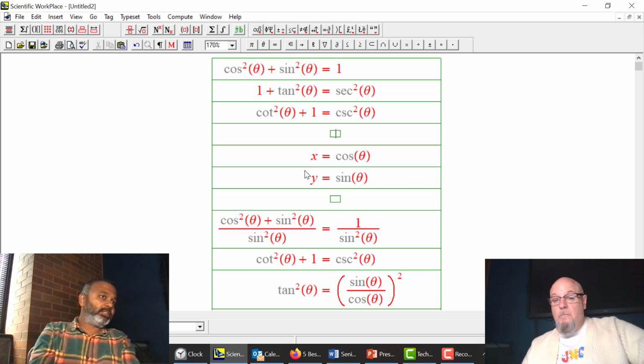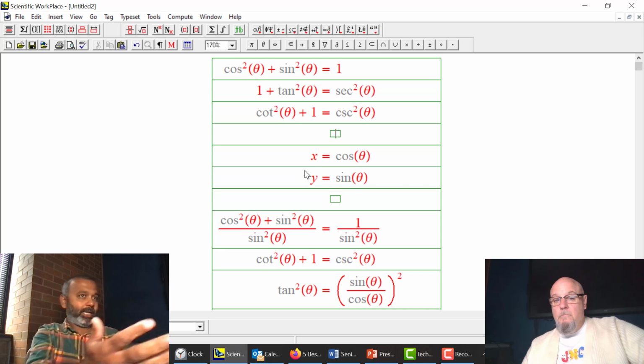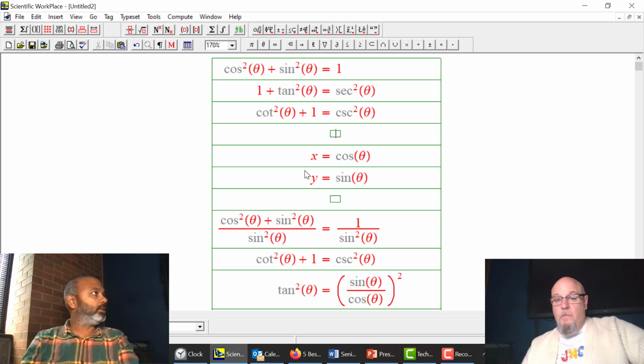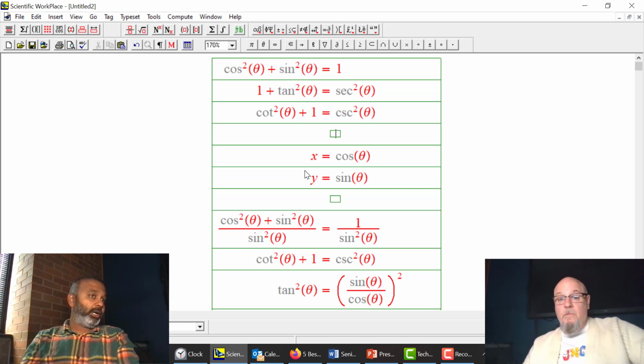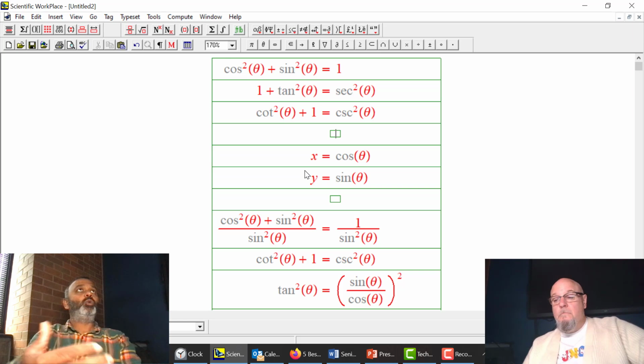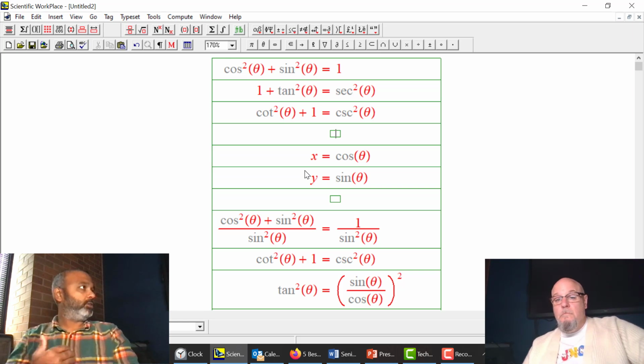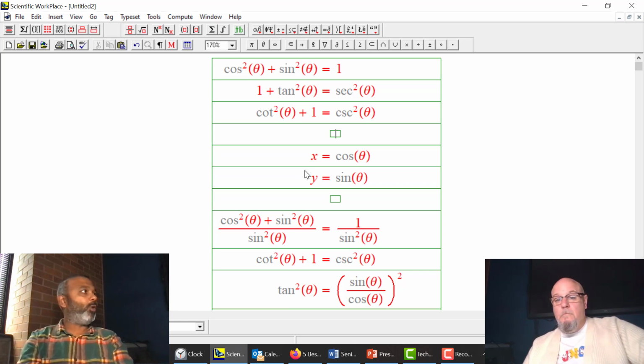Sometimes we write this as tangent squared theta minus secant squared theta equals 1, but that's just rearranging those terms. If I start from sine squared theta plus cosine squared theta equals 1, I don't have to worry about whether I have a negative sign somewhere, because it's just the derivation. It takes one step.